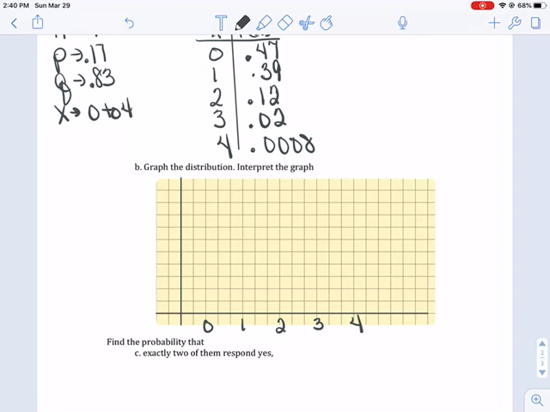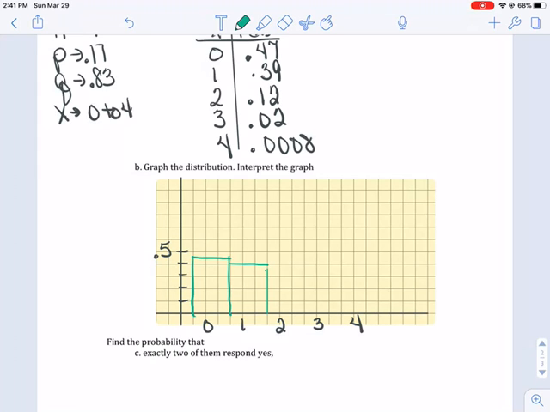Okay, and these are really super, super small. So let's make this 0.5. All right, so 0 was 0.47. Okay, 0.39, almost 0.4. There we go.